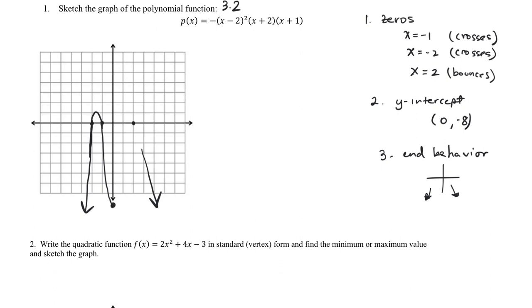So we need to plug 1 in for all the x variables. 1 minus 2 is -1. -1 squared is 1. 1 plus 2 is 3. And then 1 plus 1 is 2. And then we have that negative. So -1 times 3 times 2 is -6. So 1 comma -6 is right there.